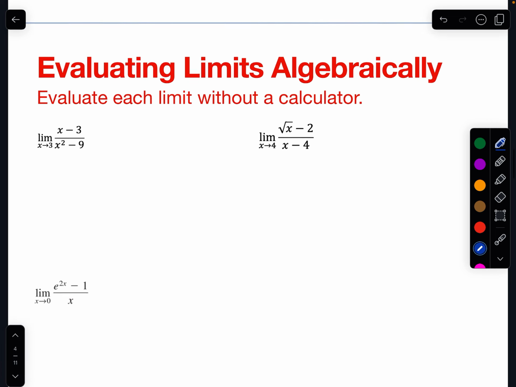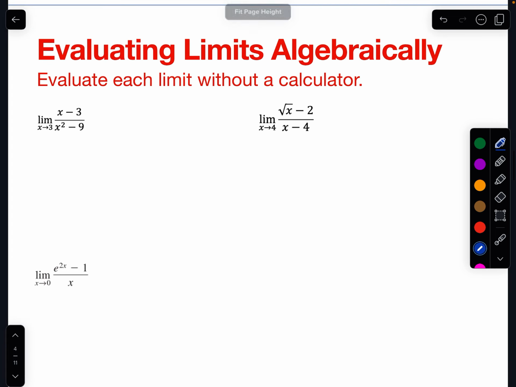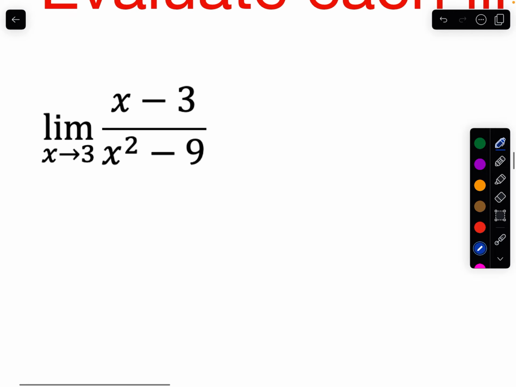Now, direct substitution is pretty straightforward, and so I'm not going to show that here. I want to look at some of that algebraic manipulation, starting with the limit as x approaches 3 of x minus 3 over x squared minus 9. If you were to try a direct substitution here, you'd get 0 over 0, resulting in that indeterminate form. We could do L'Hopital's rule here as well, but I want to save that a little bit later.